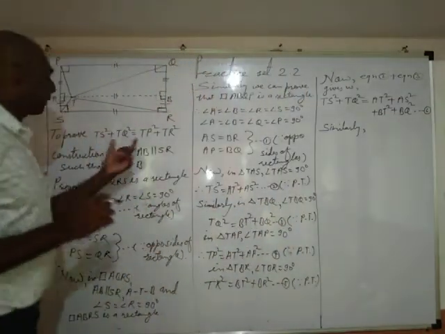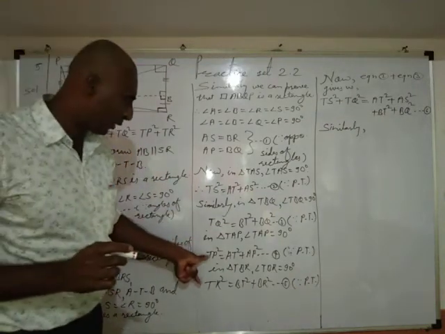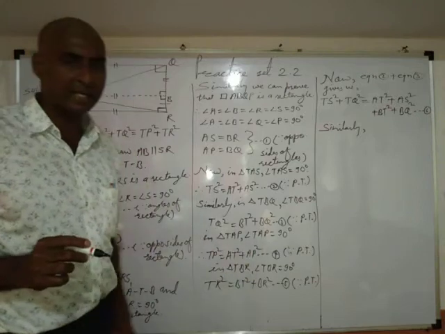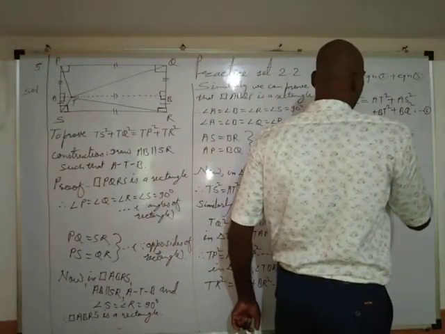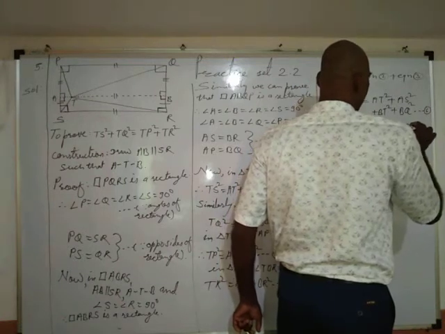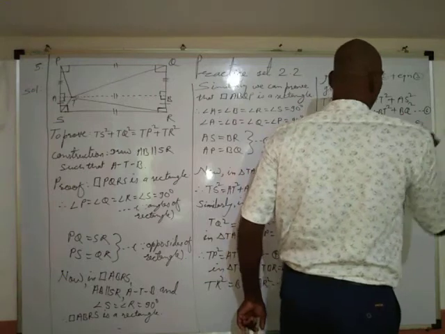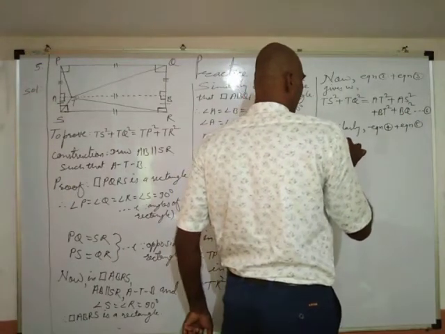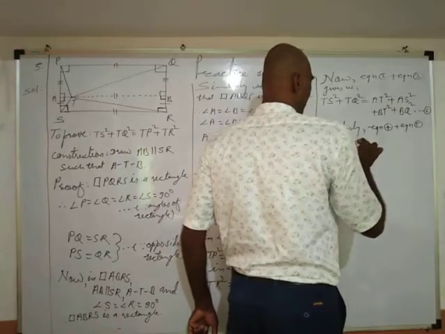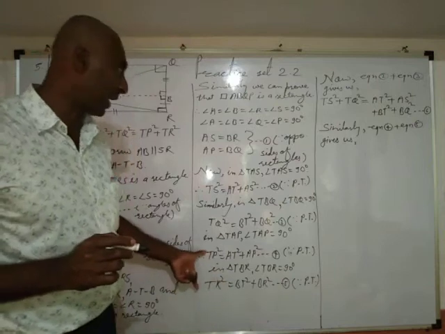Similarly, to get TP square plus TR square, we need to add equations 4 and 5. Equation 4 plus equation 5 gives us, LHS will be added with LHS, RHS will be added with RHS.